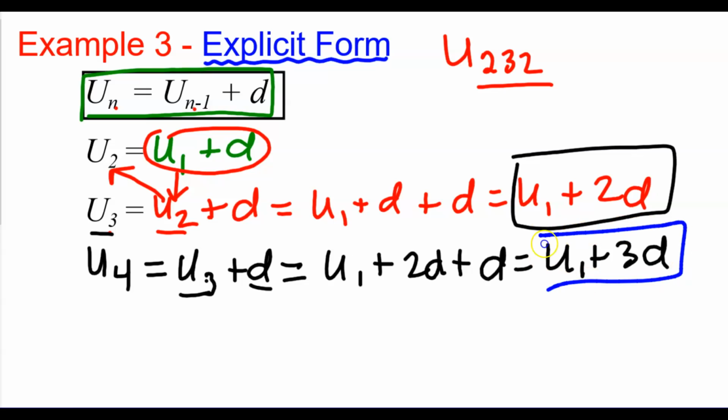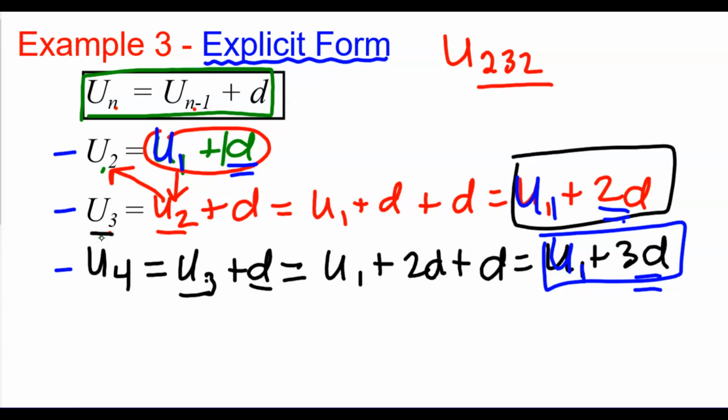Here's what's happening. Every term in this sequence can be found by taking the first term, u1, and adding some multiple of d. And it turns out that for the second term, it's 1d.